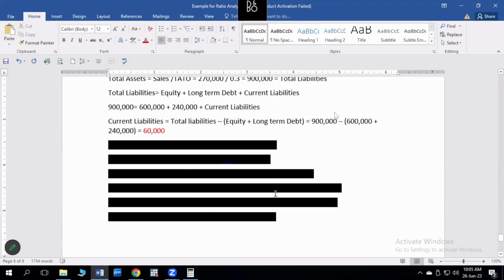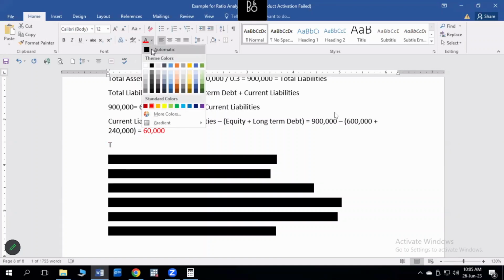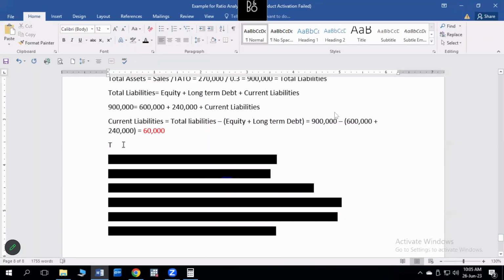So how are you going to find out the current assets? You write that total assets equal to the fixed assets plus current assets.